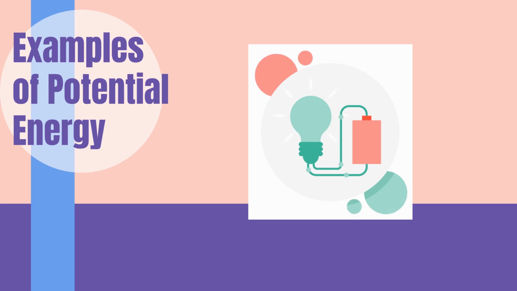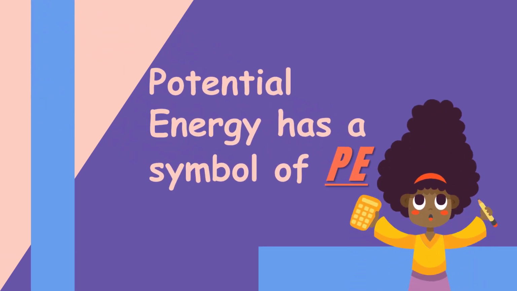And also, another example of potential energy is a battery that can light up a bulb. Potential energy has a symbol of capital letter P and capital letter E.